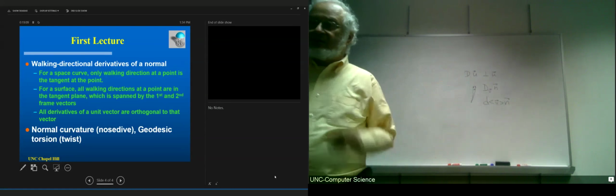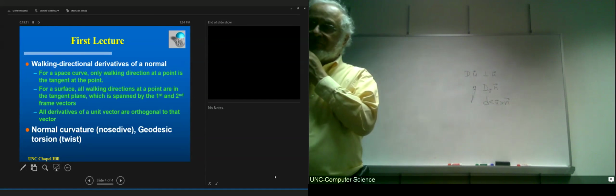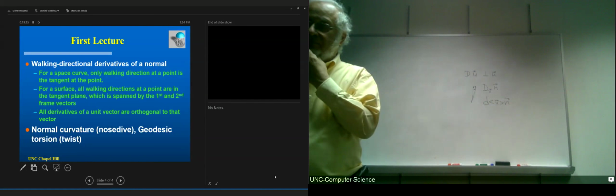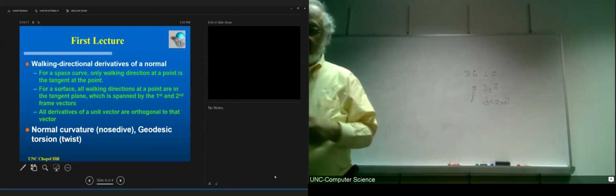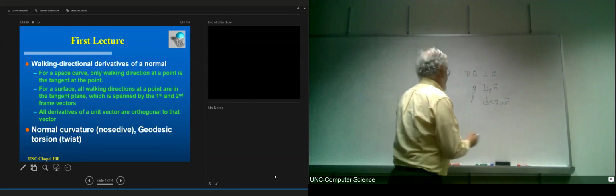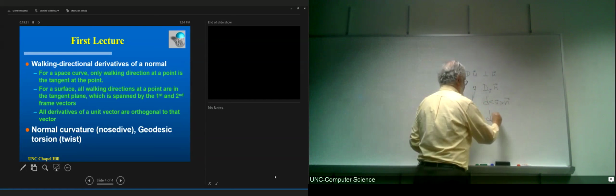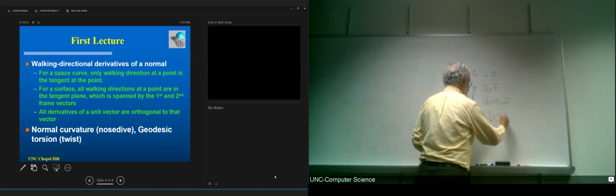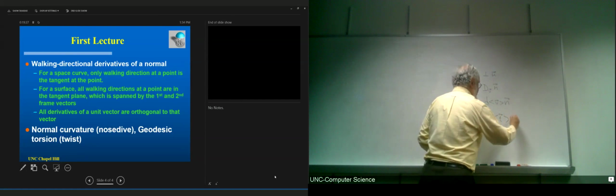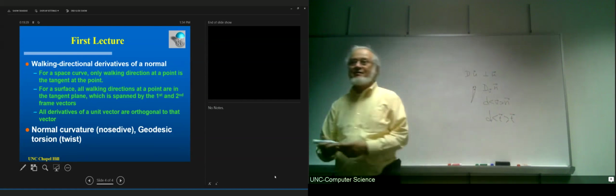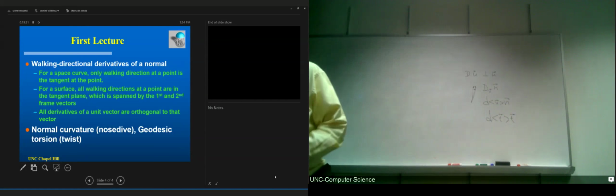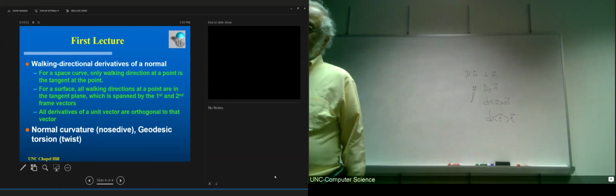So I have one question about the 3D curve. For the curve, do we need to specify the direction, because we can only walk in one direction at any given point? So for the curve, we're going to be interested in dt of t at that point. Right? Yeah.